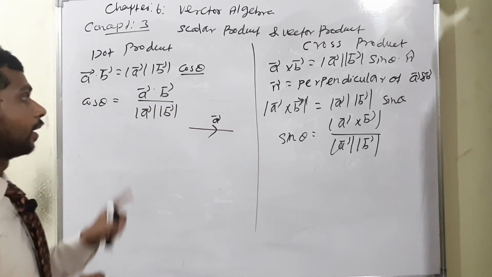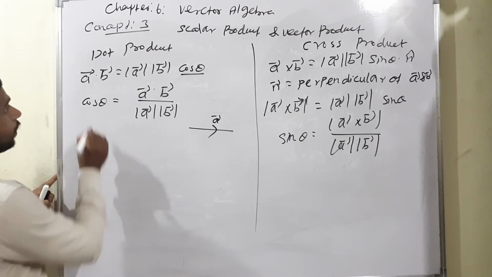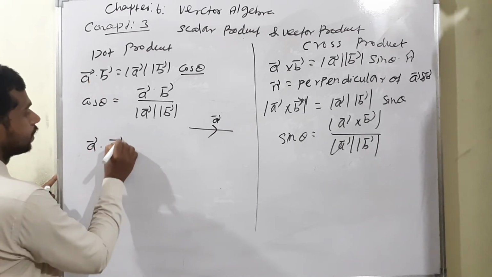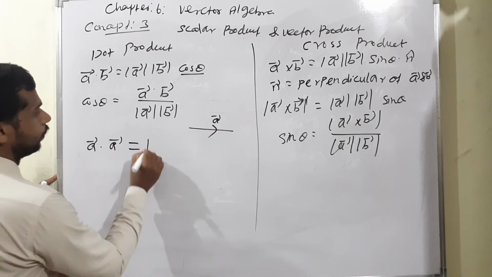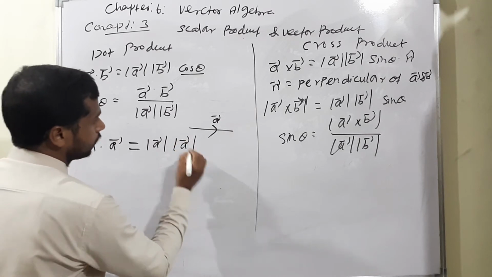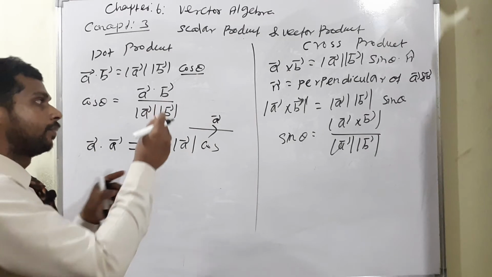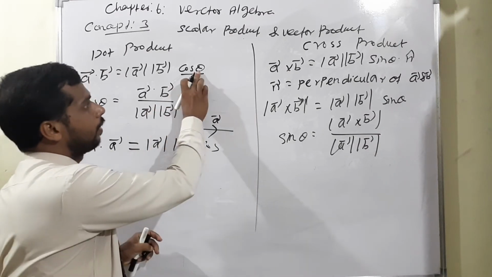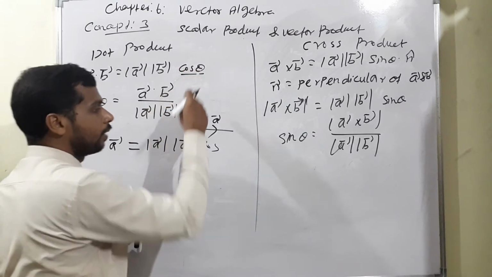For a vector dot a vector, the same vector appears twice: a vector dot a vector is equal to modulus of a vector into modulus of a vector into cos theta. If the same angle repeats, definitely the theta value will be 0, isn't it?